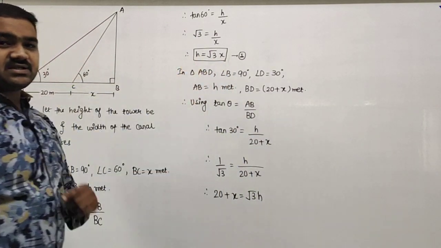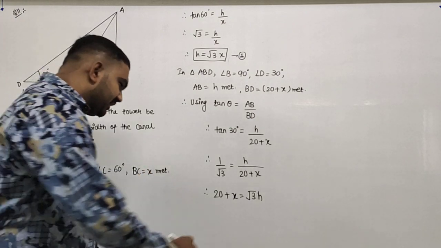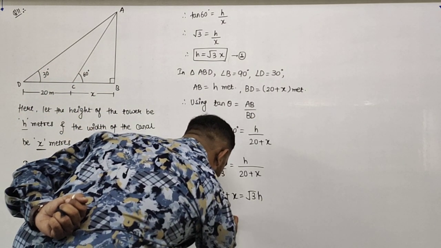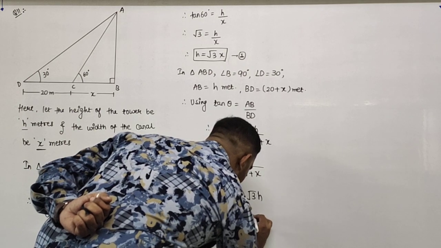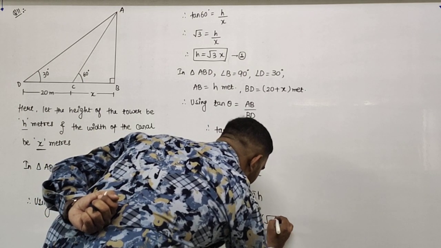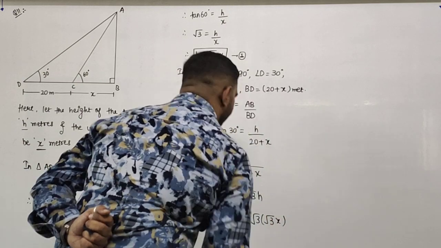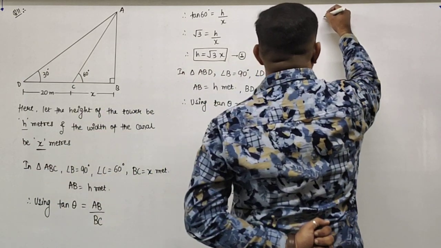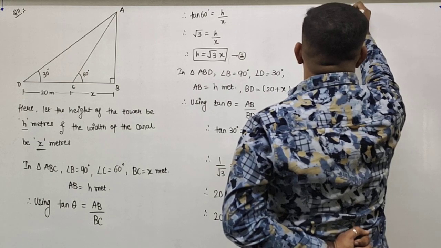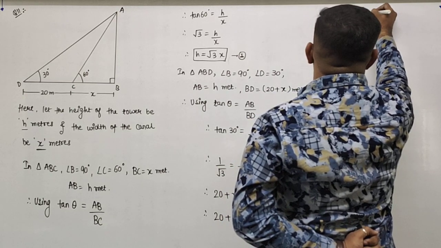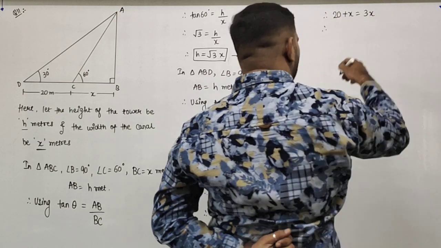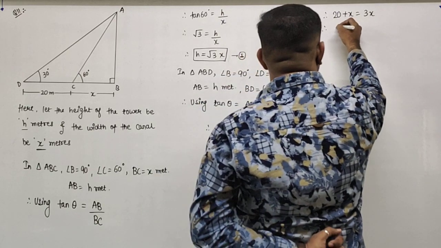We know h is equal to root 3 x. We will replace it here. Therefore, 20 plus x is equal to root 3 multiplied by root 3 into x. Right? So, root 3 into root 3 is 3. 20 plus x is 3x. x taken across, it becomes 2x.